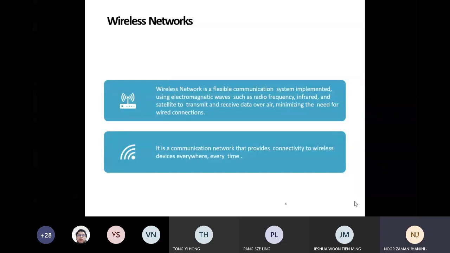Wireless networks are very flexible in communication, and we implement them using electromagnetic waves, normally also called radio frequencies, such as radio frequencies, infrareds, and satellites, to transmit and receive data over the air medium. Most people understand that a wireless network means it will be completely wireless. So you have to correct your imagination about that.